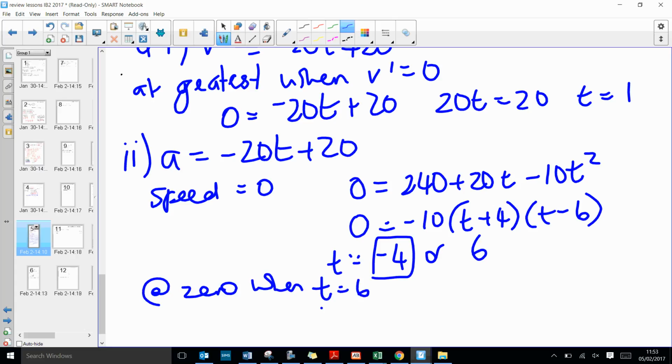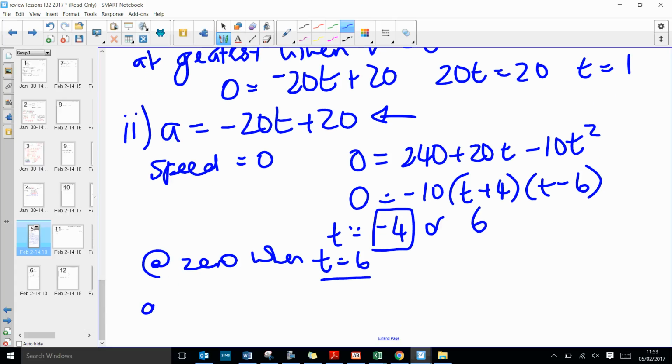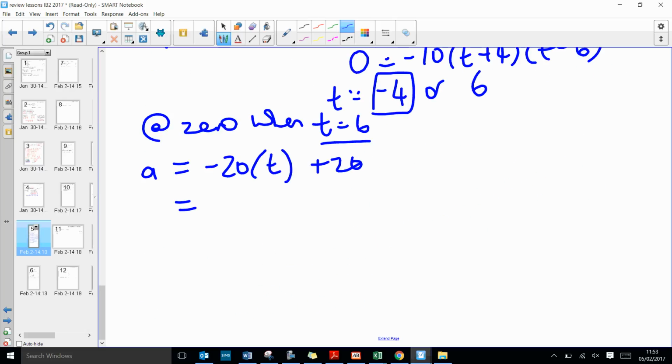So we're going to stick that value of t into the acceleration expression. So acceleration is negative 20 times 6 plus 20. That's negative 120 plus 20. So acceleration is negative 100 meters per second squared.